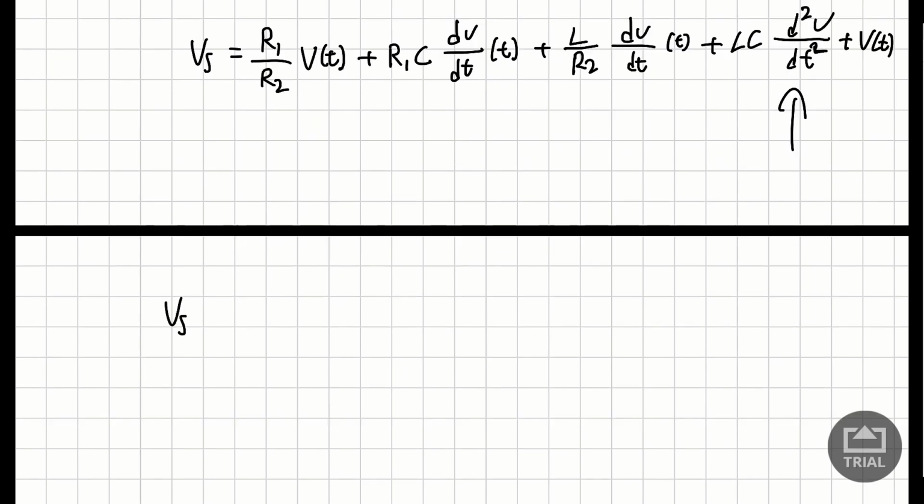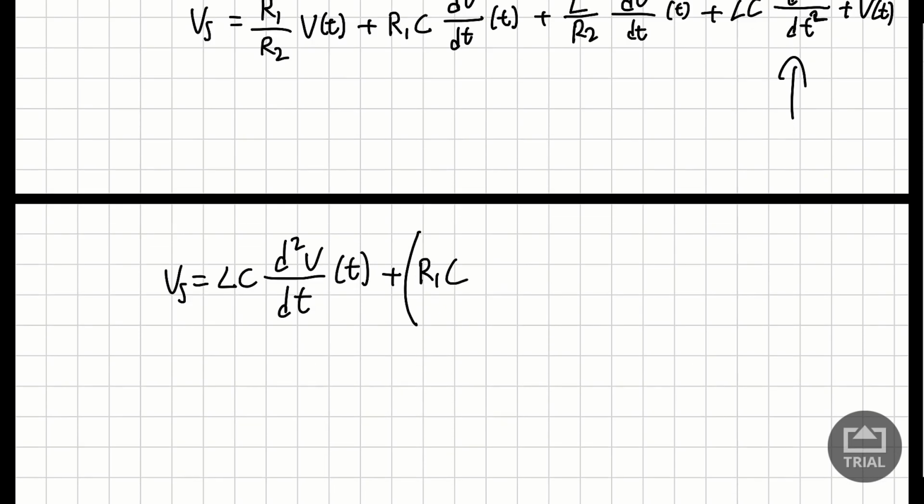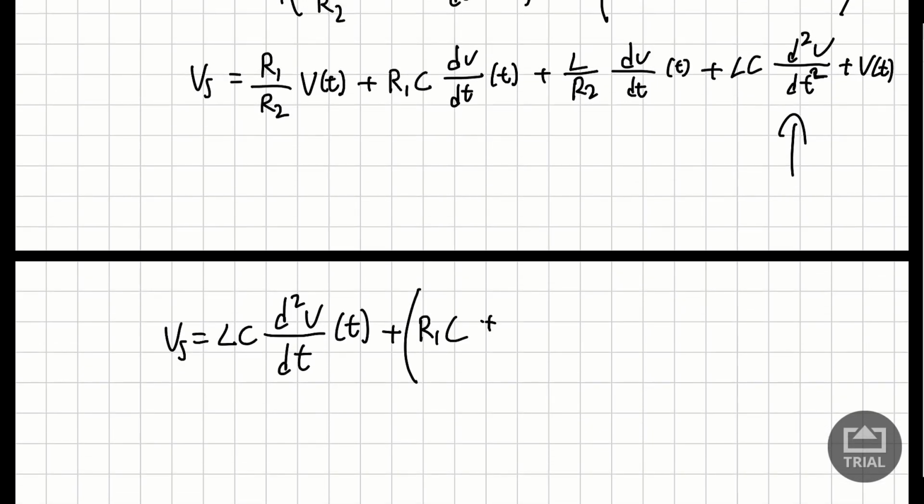So we have Vs is equal to LC d squared V of t over dt squared. And then we're also going to have our R1 C and L over R2.